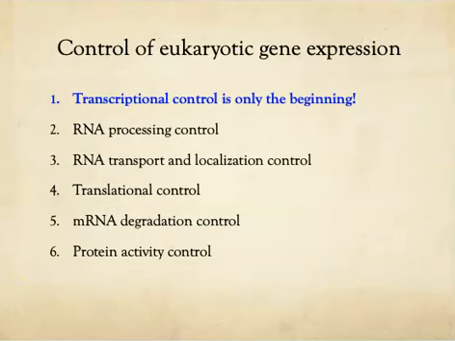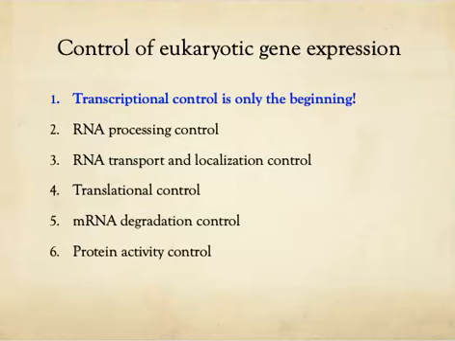It's important to know that the regulation of gene expression in living cells is very complex. We've so far only been talking about how transcription is controlled. But transcriptional control is only the beginning. Remember, transcription is the process that takes a DNA molecule and uses it to build RNA.